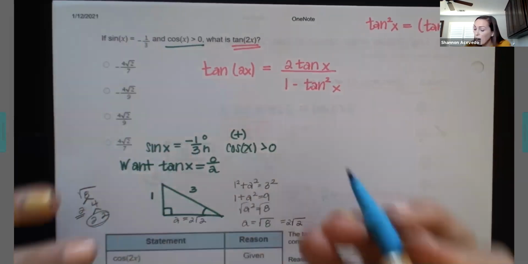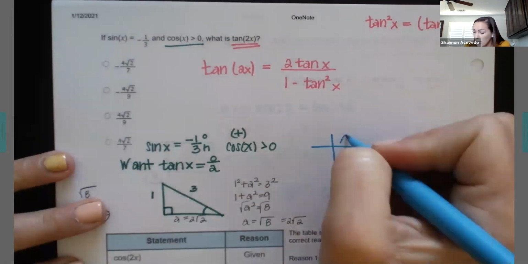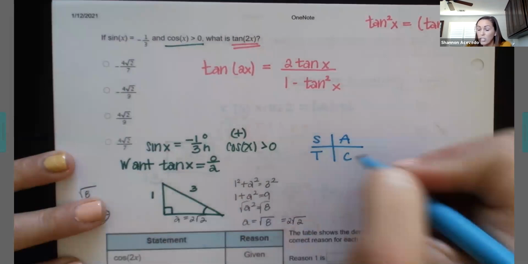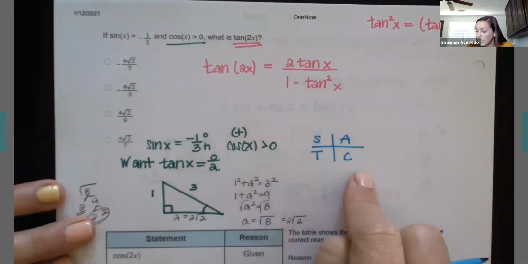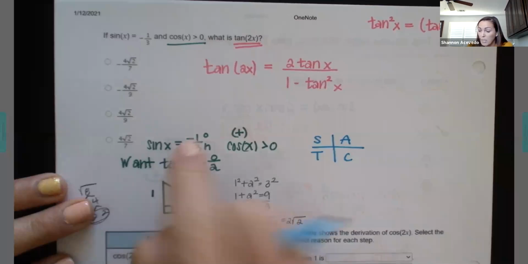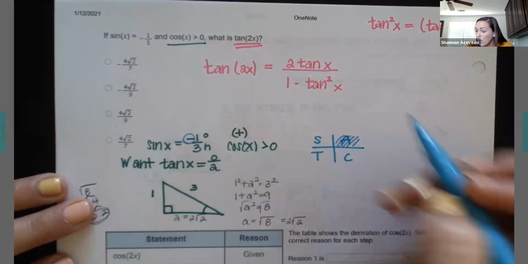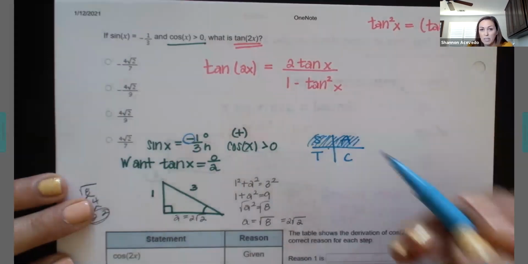The other piece I need to figure out is what quadrant we are working in. So all students take calculus. These tell me which of the trig values are positive. So I know sine has to be negative, so it can't be in quadrant 1 because that's where they're all positive. It can't be quadrant 2 because that's where sine's positive.